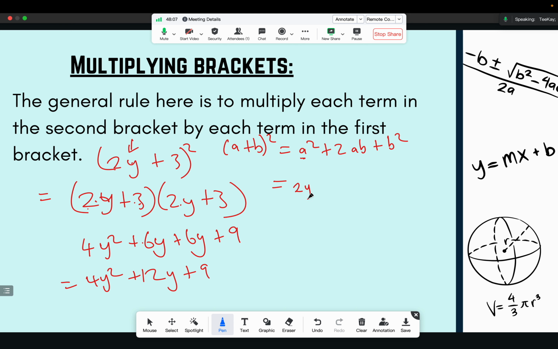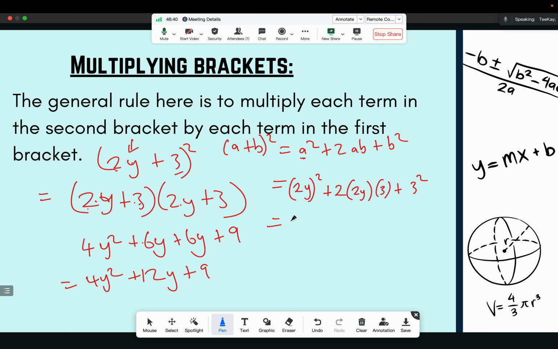So we say 2y squared. That's our a squared, right? And then here we have plus 2. If we put a bracket, it means we are multiplying. So plus 2 and a, which is 2y, and b is 3. So put another bracket and put 3. And then here with b squared, we say plus 3 squared. So let's solve this.